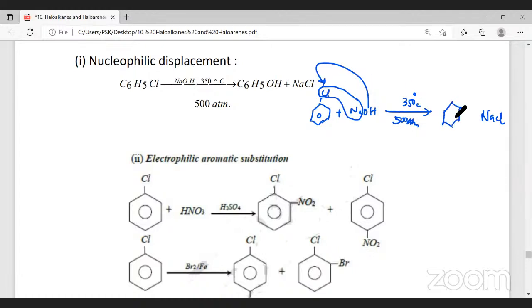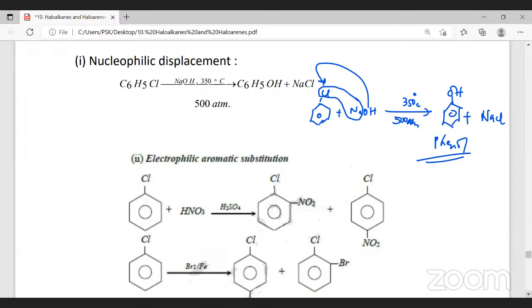Therefore, the product we get is phenol. So chlorobenzene on heating with sodium hydroxide at high temperature, that's 350 degrees Celsius and 500 atmospheric pressure, undergoes nucleophilic substitution reaction, forming phenol.